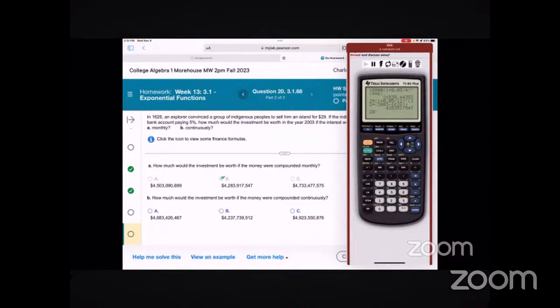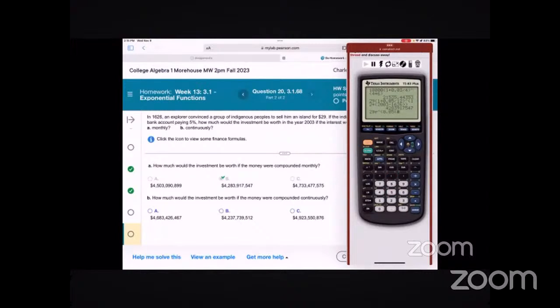So again, we're starting with $29 times e to the rate, which is 5%, so 0.05, times the difference of those years, right?